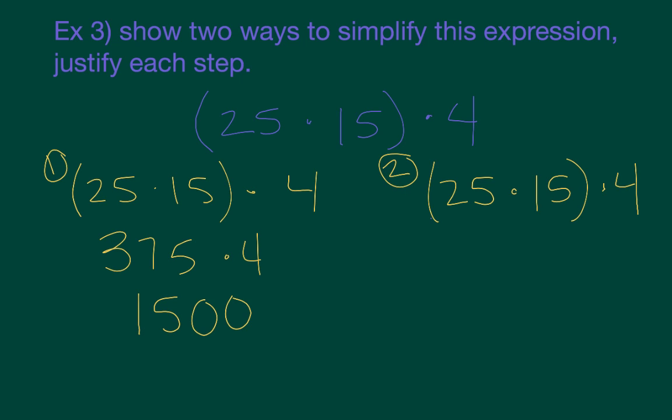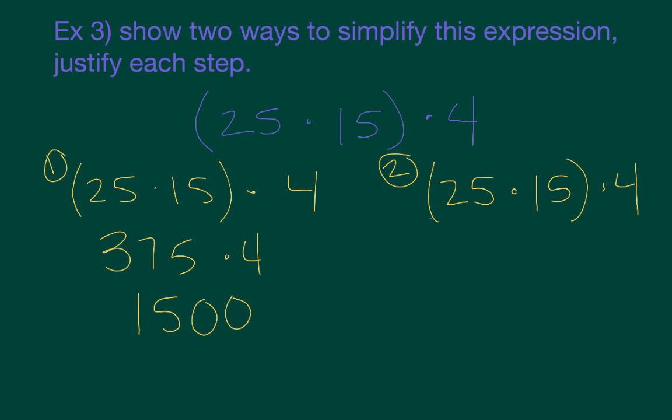So in step 2, what we're going to do is change things around. We're going to look at these parentheses and these numbers, and see if there's a way we can solve this without actually doing the work for it.